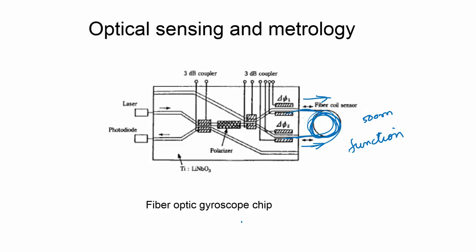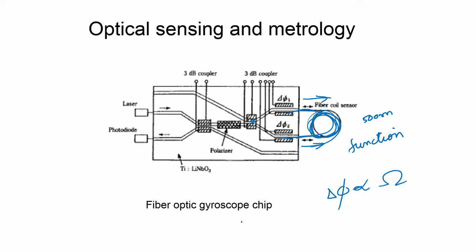So, in a typical fiber optic gyroscope, you have an optical signal going in the clockwise direction and the counterclockwise direction, and they are superposed at this coupler. The phase difference between these two, delta phi, between the clockwise and counterclockwise beams, can be shown to be proportional to the angular velocity of the coil if it is put on a rotating object.